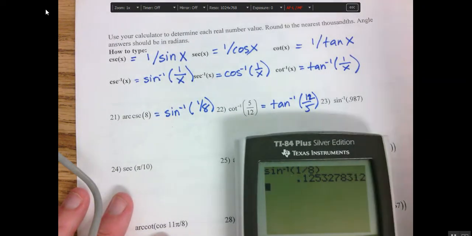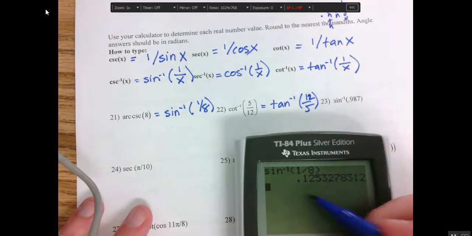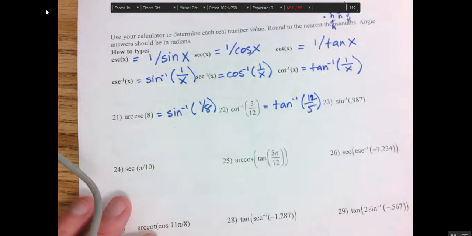You're rounding to the nearest thousandth, okay? So remember decimal, tenth, hundredth, thousandth, third place, okay? So I got 0.125.